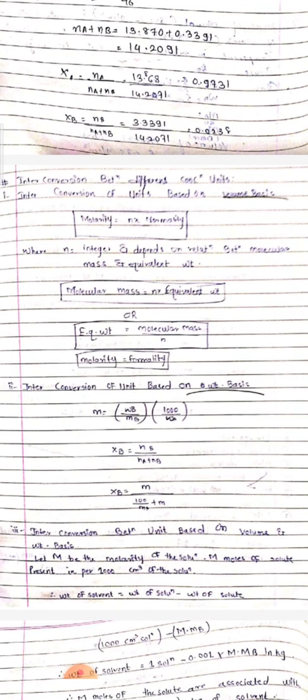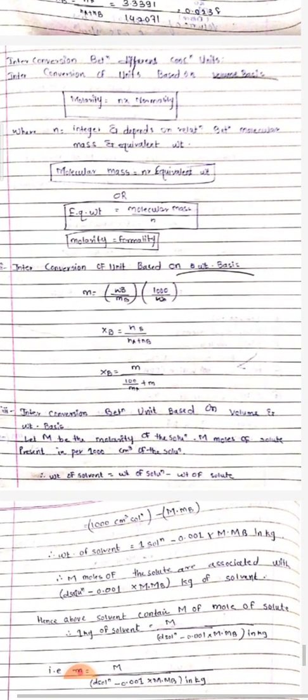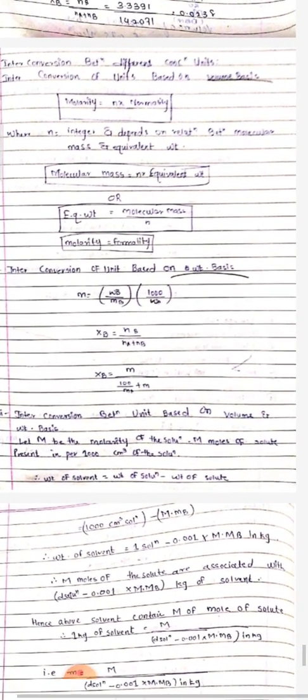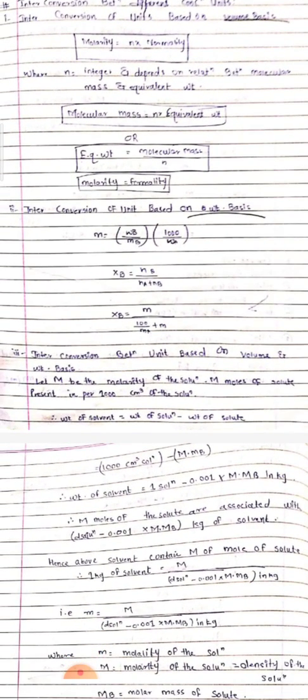weight basis. Now weight basis, molality is given. Interconversion between units based on the volume and the weight basis means we have to compare the molarity of the solution M with the moles of solute present in per 1000 cm3 of the solution.